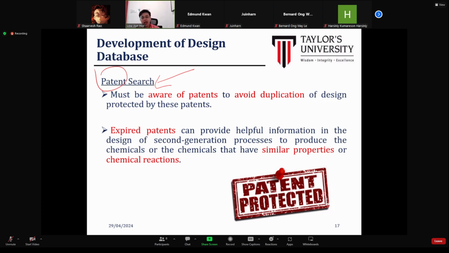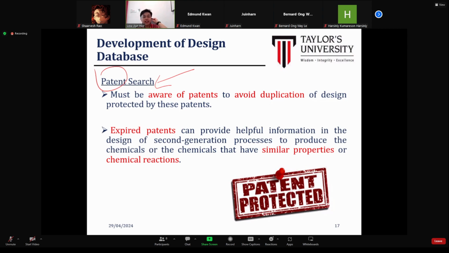After 20 years, normally there is a company that handles and assists you to apply for intellectual property. If your patent is already 20 years old, they will disclose and share the patent on their website. This is what we call patent search.